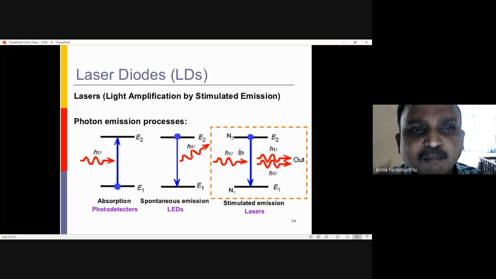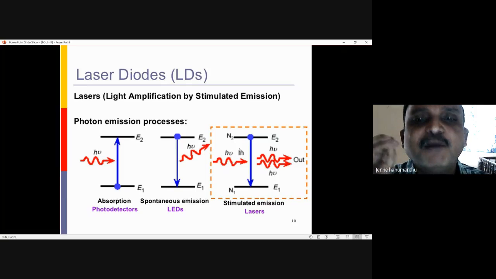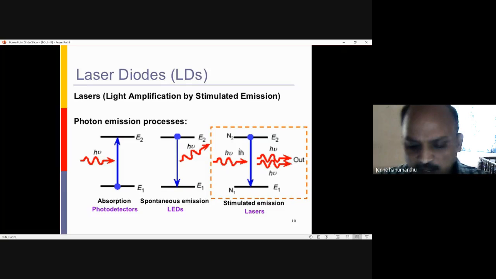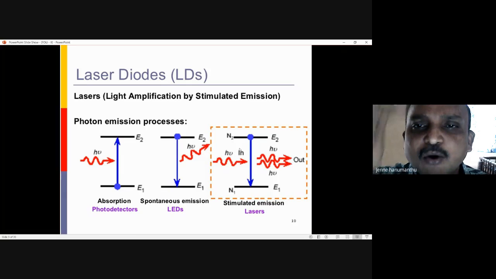We want more directional light. How is it possible? It is possible by making some modifications to the material. If any atoms are in the high energy level state, they will come down so that radiation is released.